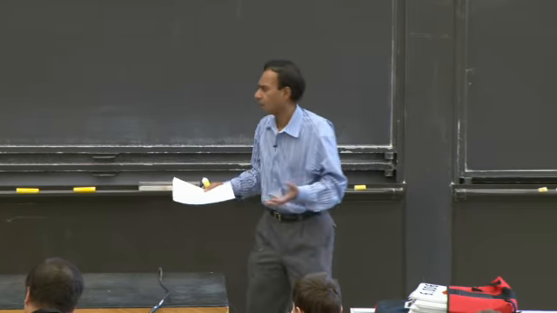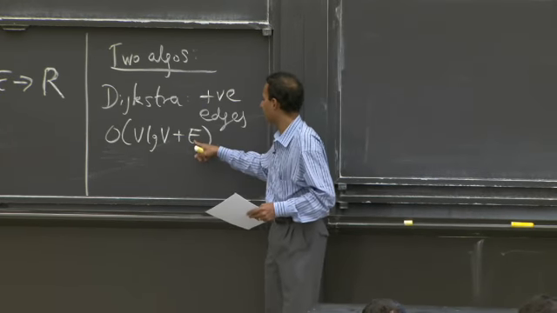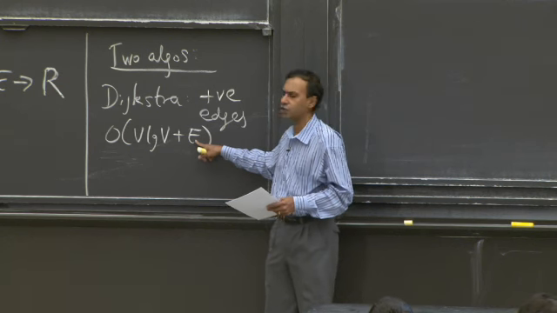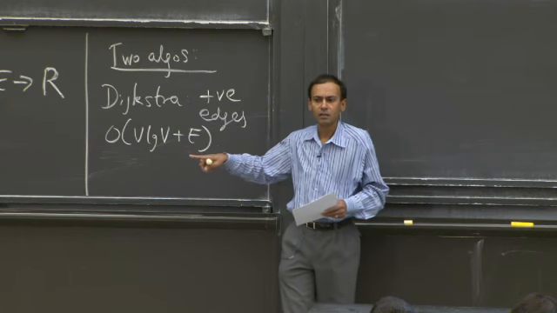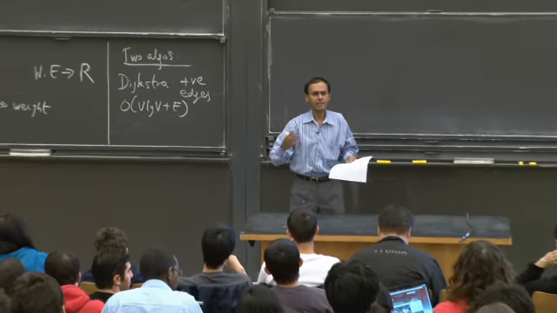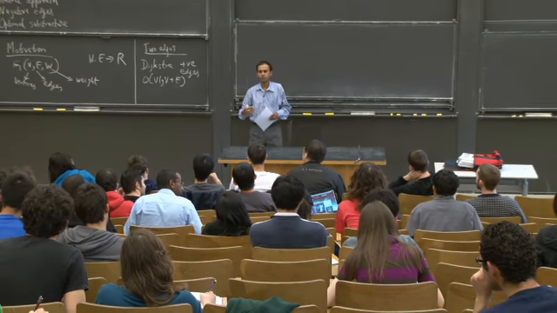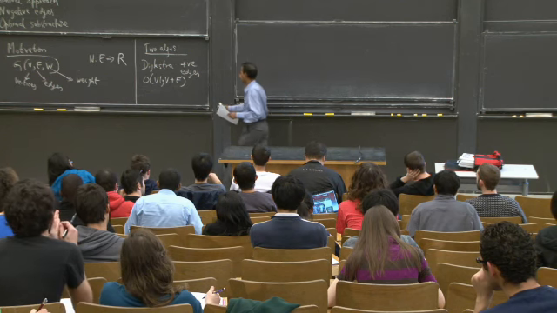What is, in general, if you talk about a simple graph, the asymptotic relationship between E and V? Can you relate E to V? Can you give me a bound? Sorry, V squared, thanks. That's good.